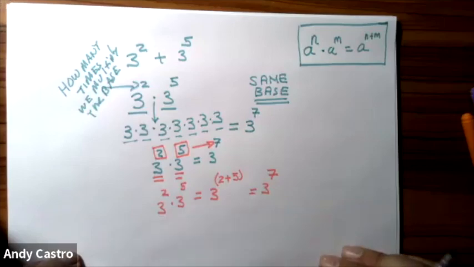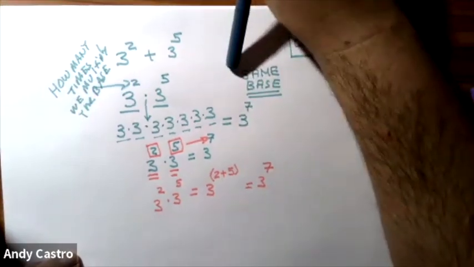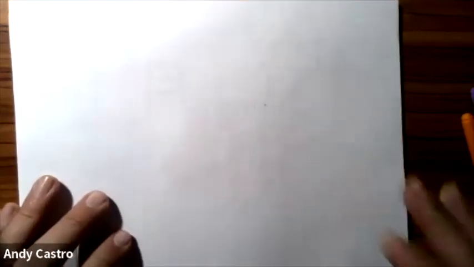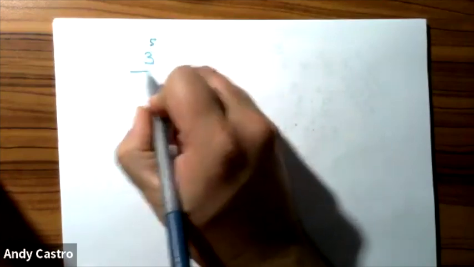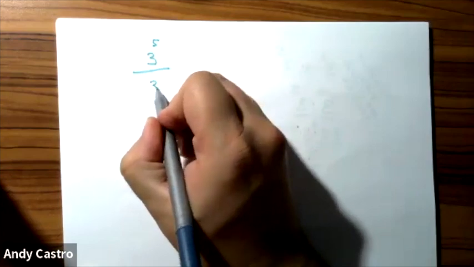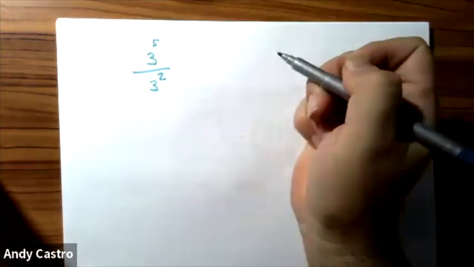All right. Now let's look at properties of exponents, now dividing. Let's use the same example: 3 to the 5th power divided by 3 to the 2nd power.